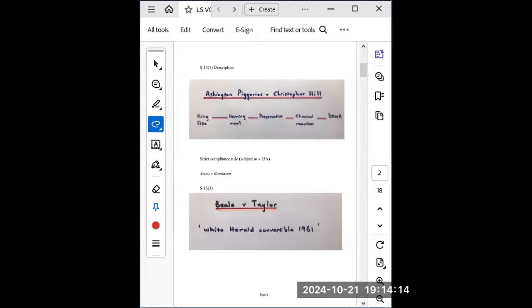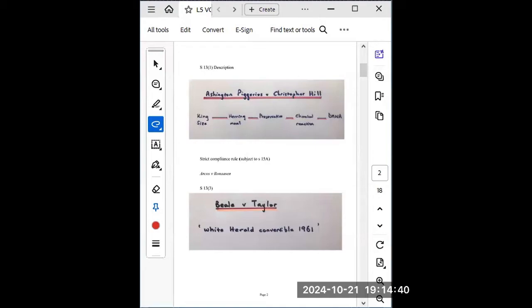The buyer examined the car, he bought it, and he took it home. The buyer then finds out that it was actually two cars that had been welded together, and only one half was a 1961 Herald. Court said, yes, breach of Section 13 description, even though the buyer himself selected the goods.